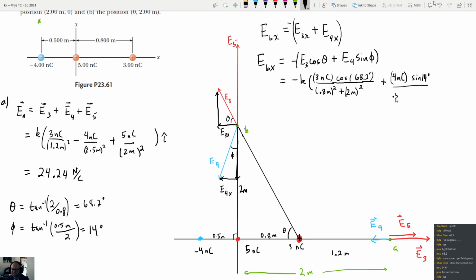Okay, because that's a pretty big expression, I will give you all a little bit of time to try to actually solve it out. 2.17, you say? Yes, the negative, newtons per coulomb. Okay, I'm also going to try to calculate this myself.